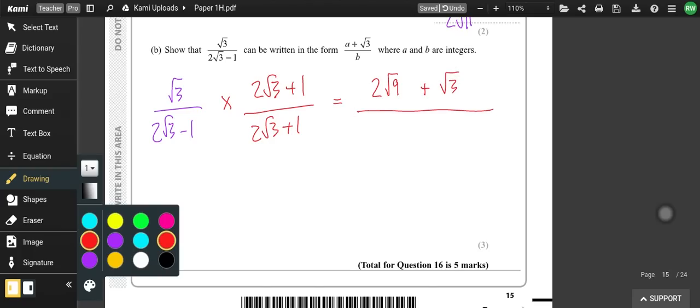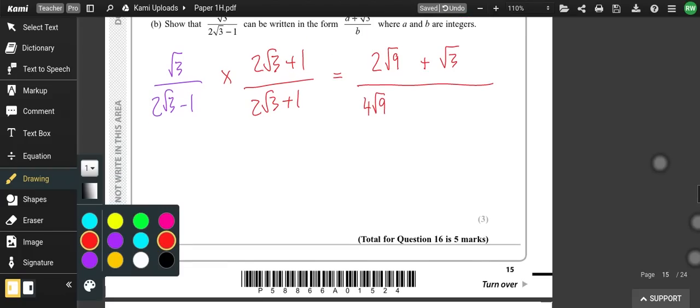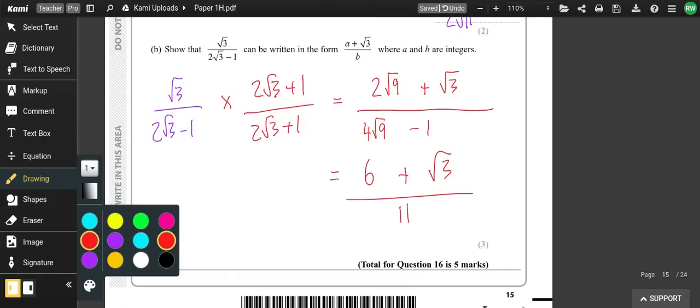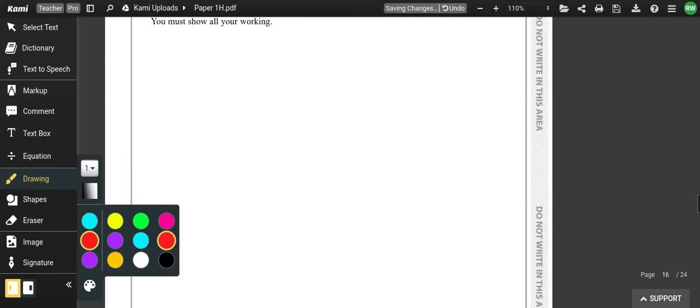And on the denominator, we have 2 root 3 times 2 root 3 is 4 root 9. And then we have plus 2 root 3 minus 2 root 3. They cancel, and we have minus 1 times plus 1. So 2 root 9 is 2 times 3 is 6 plus root 3 over 4 root 9 is 4 times 3 is 12 minus 1 is 11.